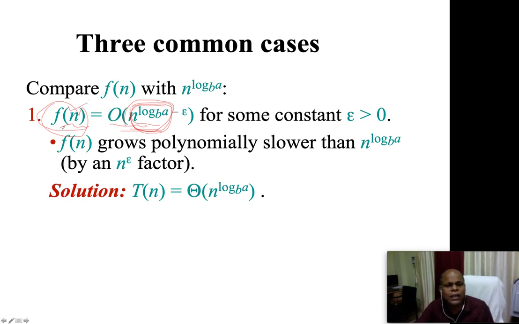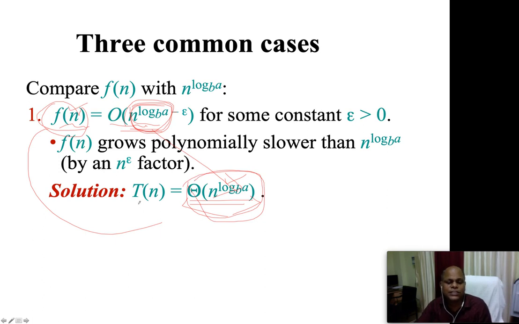Hence, the total time complexity will be taken by the cost at the leaf nodes. Hence, T(n) will be theta of n to the power log a base b.